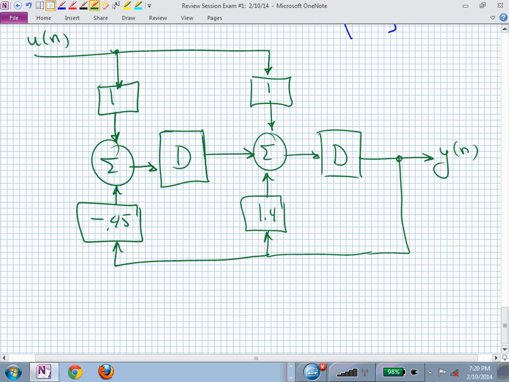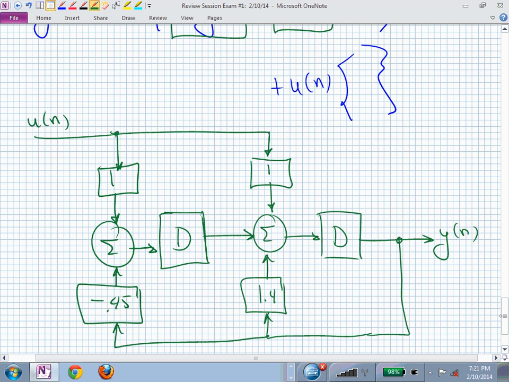And there's my new block diagram. It's an all delay block diagram that realizes that difference equation, and it does it differently than what you did maybe on your last homework assignment. I just wanted to give you a different way of creating a block diagram from a difference equation that has time delays in the input.